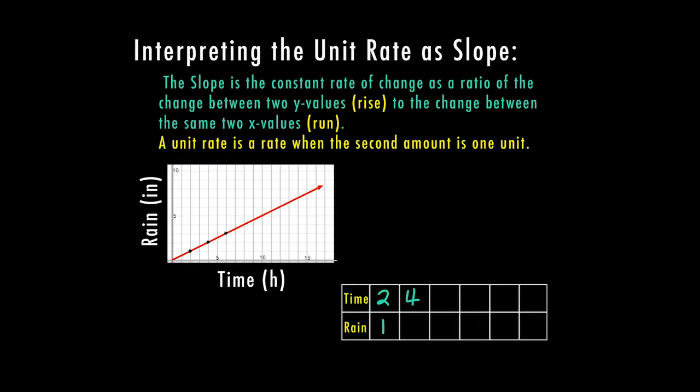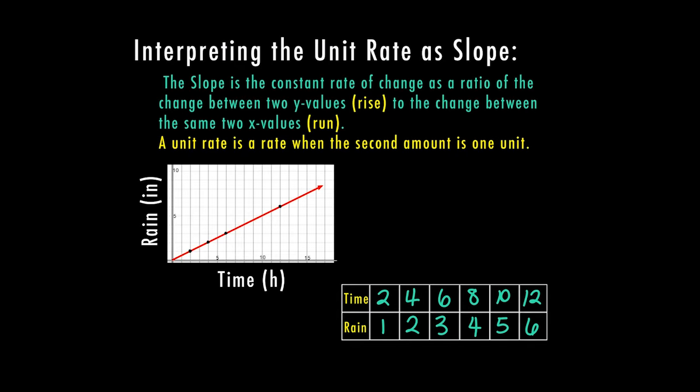At 4 hours, we have 2 inches of rain. At 6 hours, we have 3 inches of rain. And at 8 hours, we have 4 inches. At 10 hours, we have 5 inches. And at 12 hours, we have 6 inches. And I can go up here and see at 12 hours, there is a point at 12, 6. So that does match our table.